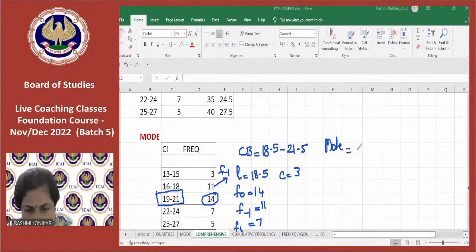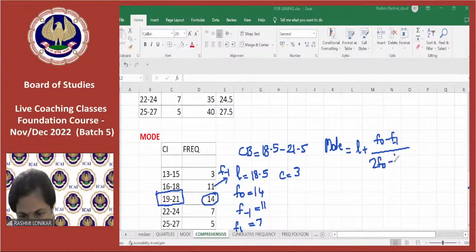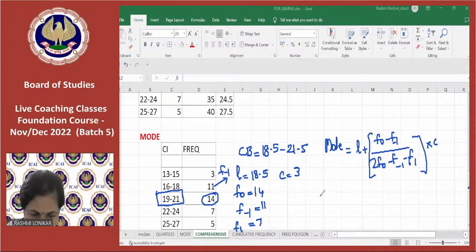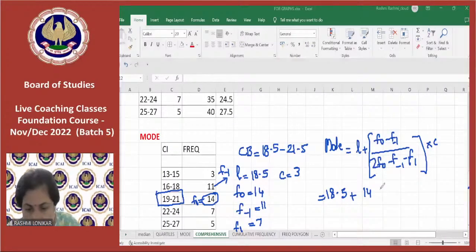Now what does my mode formula say? Mode is L plus (f0 minus f of minus 1) upon (2 times f0 minus f of minus 1 minus f of plus 1) into C. Now the lower class boundary is 18.5 plus f0, which is 14, minus 11, upon 2 into 14, which is 28, minus 11 minus 7, into 3.